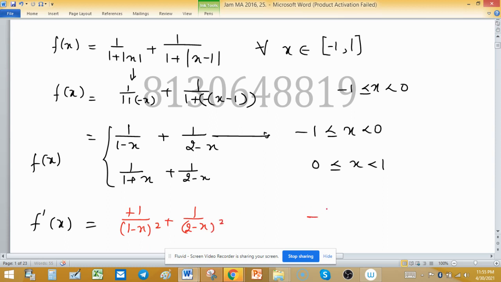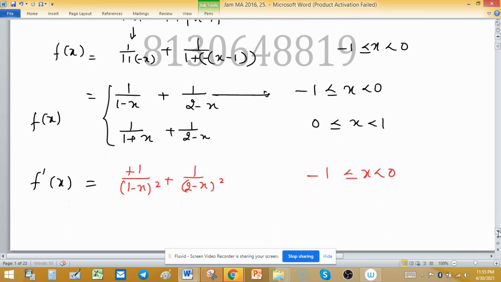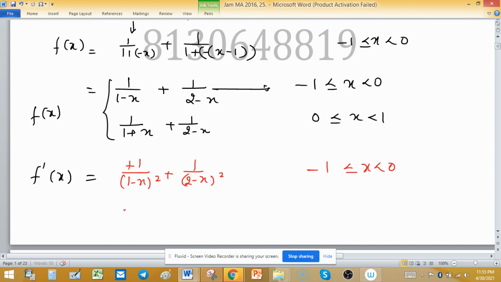This is the derivative for negative x, and for positive x it will be -1/(1+x)^2 + 1/(2-x)^2. This is for positive x.